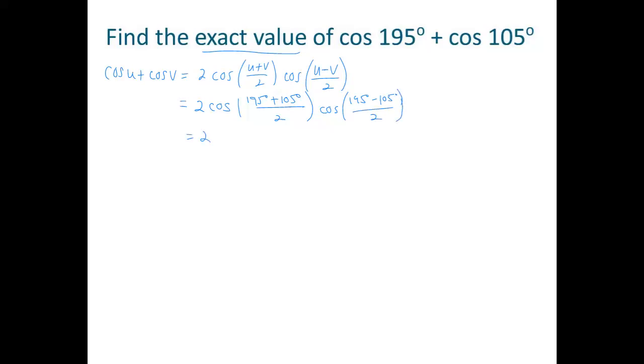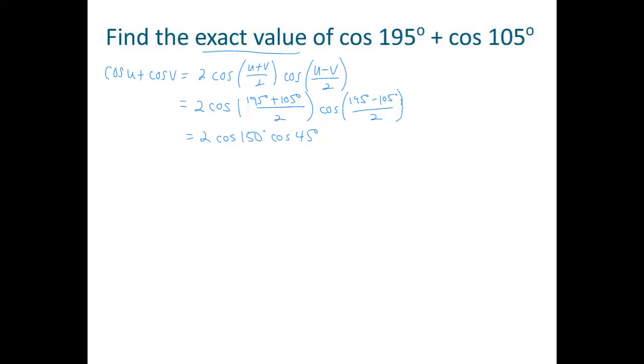And if we simplify each of those fractions, 105 plus 195 divided by 2 gets us cosine of 150 degrees. And then the other one would be 90 divided by 2, or 45 degrees. And both of those angles, of course, are on the unit circles.